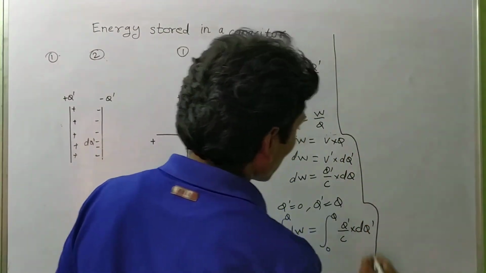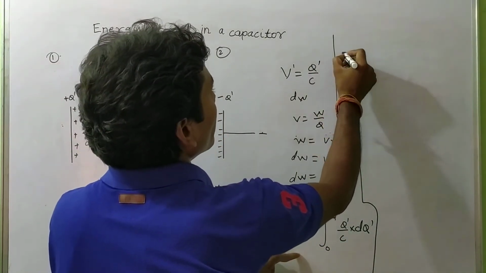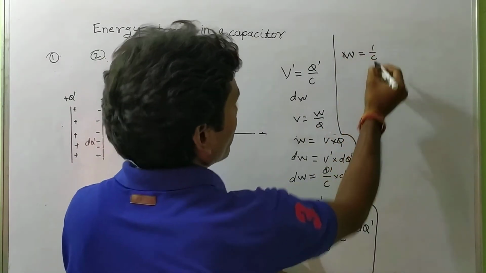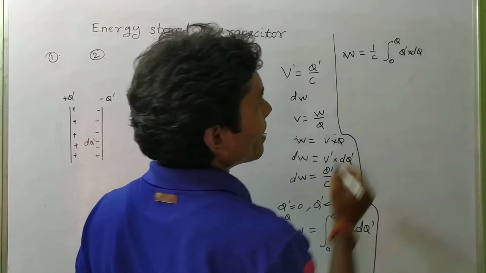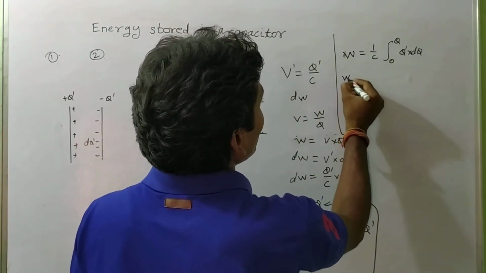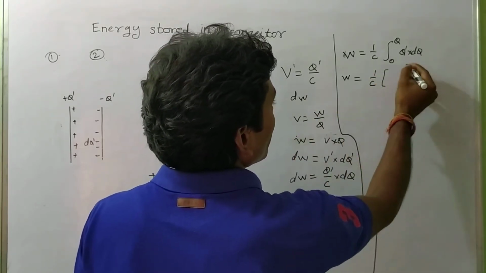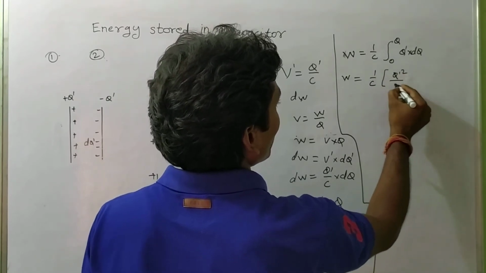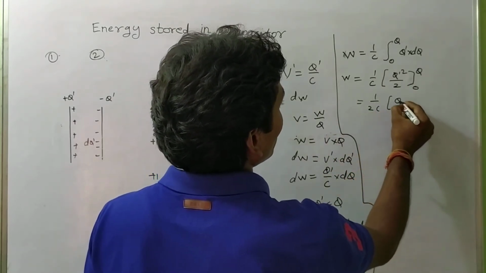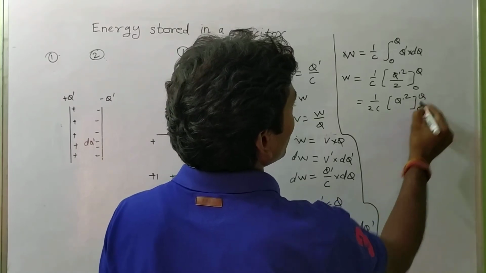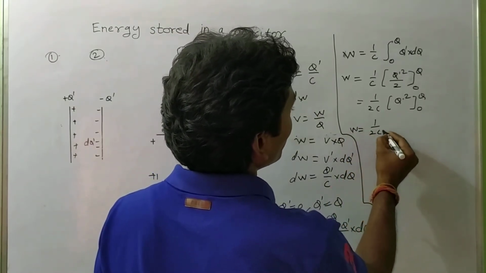On taking 1 upon C common, W equals 1 upon C times the integration of Q dash dq dash from 0 to Q. On integrating, Q dash square upon 2, from 0 to Q, or 1 upon 2C times Q dash square from 0 to Q.